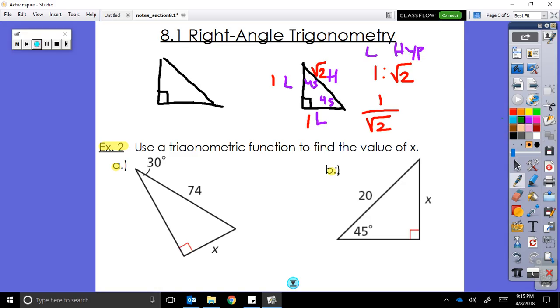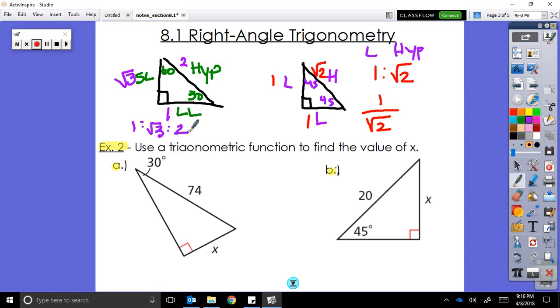So the other triangle that we have is the 30, 60, 90. The 30, 60, 90 has a short leg, long leg, and hypotenuse, which has the ratios of 1, square root 3, 2, or 1 to square root 3 to 2.